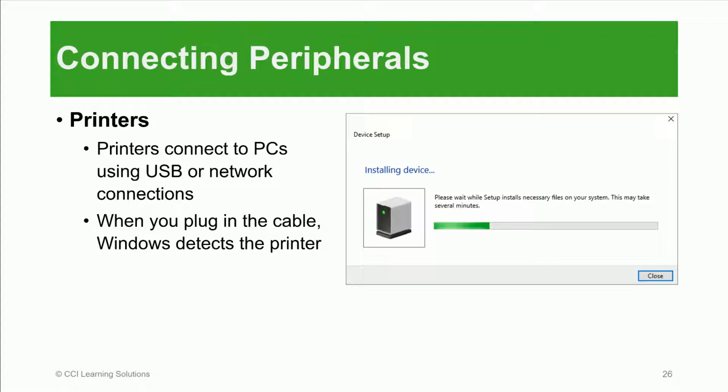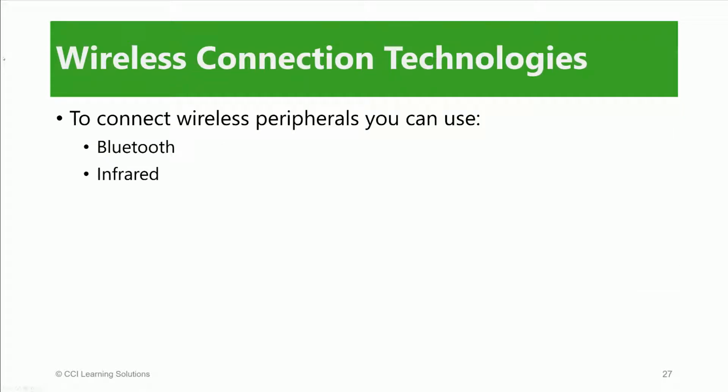But since USBs have gotten better and better, they've been able to move away from needing to provide that port, and we're now able to run printers on USB. To connect wireless peripherals, you can use Bluetooth and infrared.